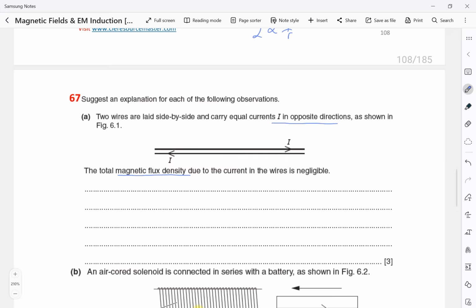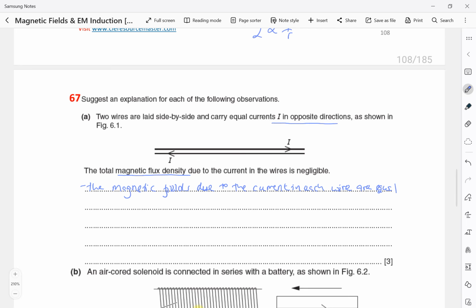So we know that the magnetic fields due to the current in each wire are equal, because the current is equal, but because the currents are in opposite directions, the magnetic fields are also going to be in opposite directions.